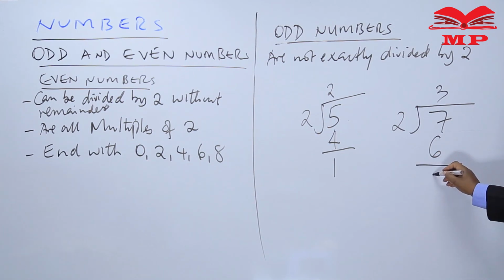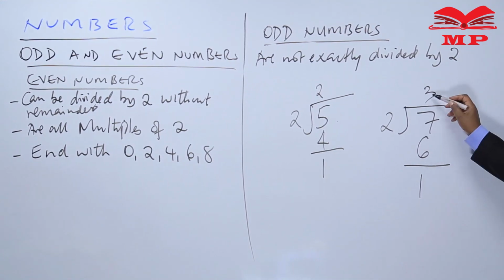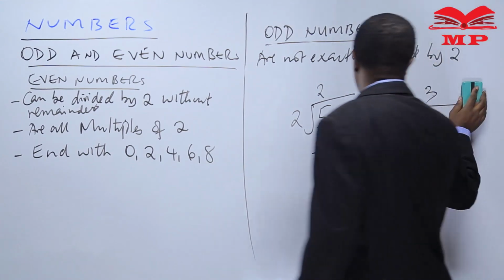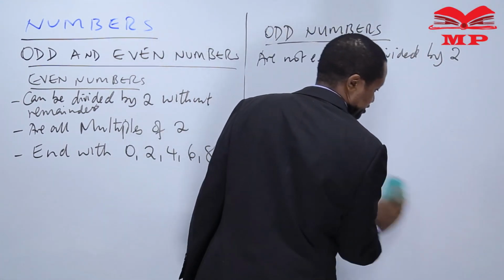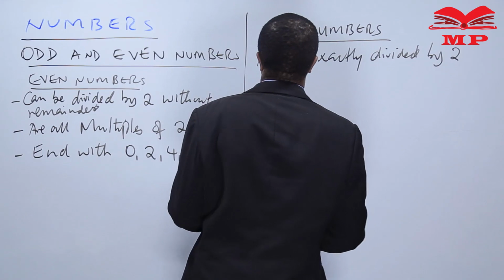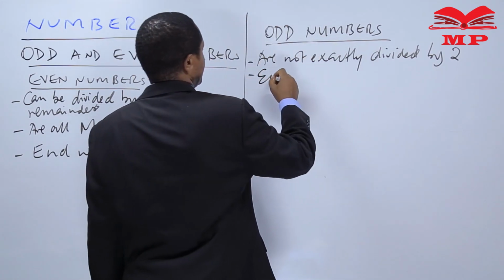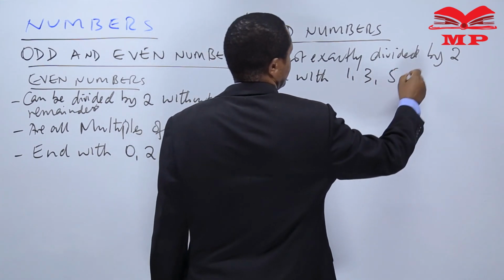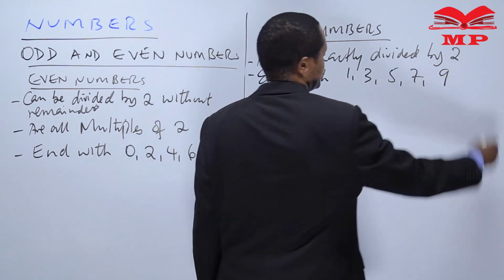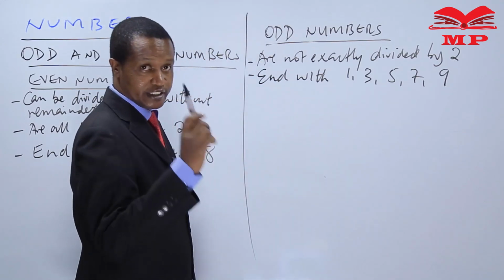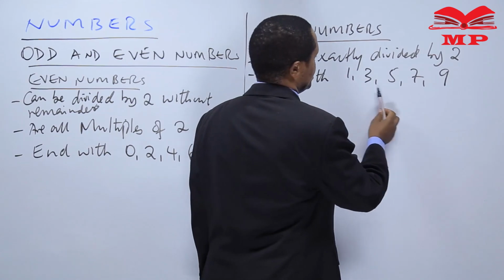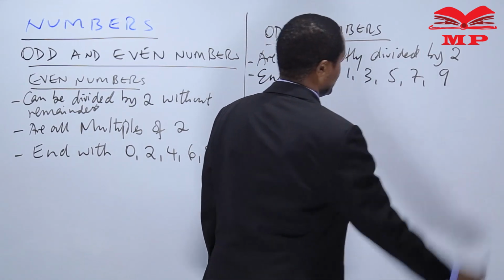You can see there is a remainder there. So these 5 and 7 are odd numbers. Another thing we said about odd numbers is that they end with 1, 3, 5, 7, and 9. The last digit in an odd number will either be 1 or 3 or 5 or 7 or 9.